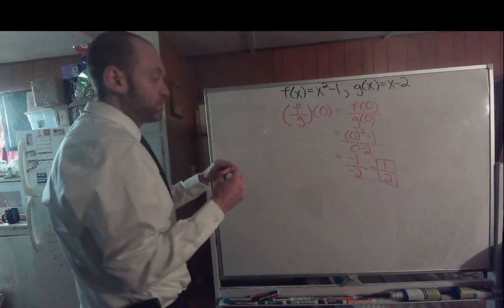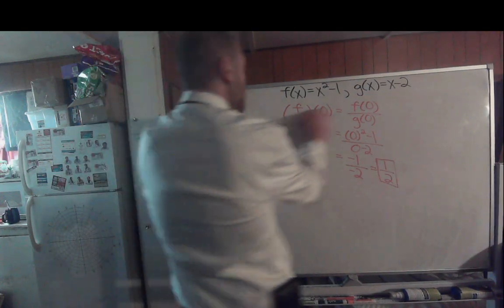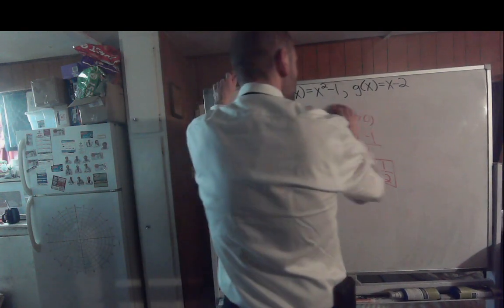So f over g of 0 is equal to positive 1/2. So we've substituted in numbers. We found combinations of functions for numbers. You can also do it with algebraic expressions.